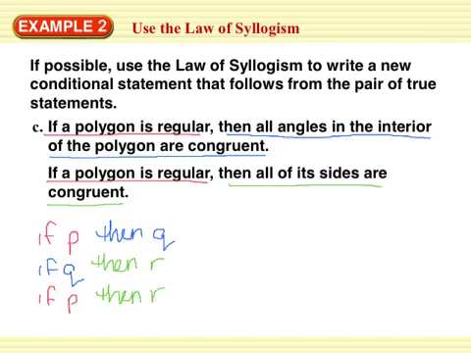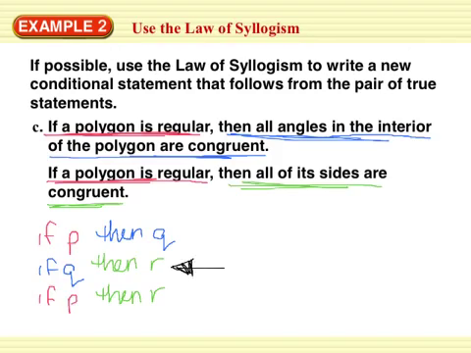So here I have if P, then Q. And then I have if P, then R. So we're really missing this middle one again. But let's say what would be in the middle.